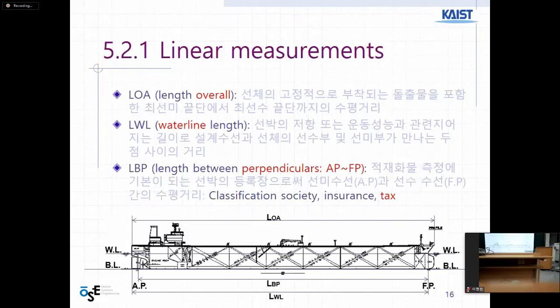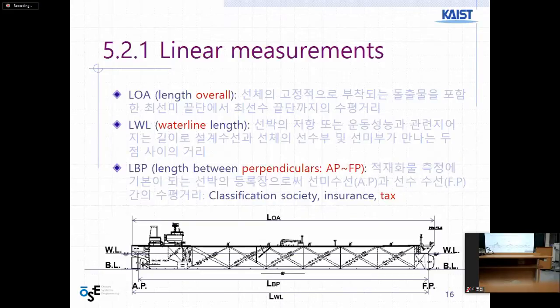Each one, you may see these small ticks, right? These are meaningful measures. So they equally divide the ship into several parts because they want to build the transverse frames.